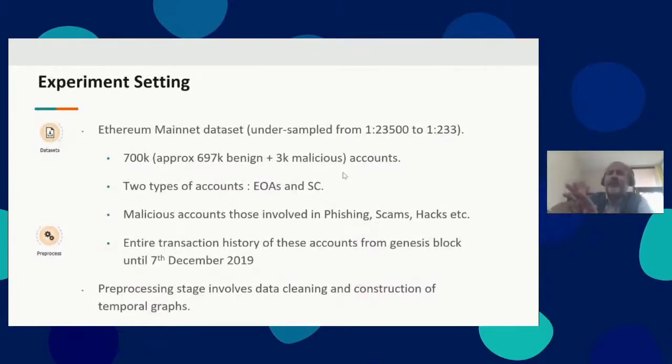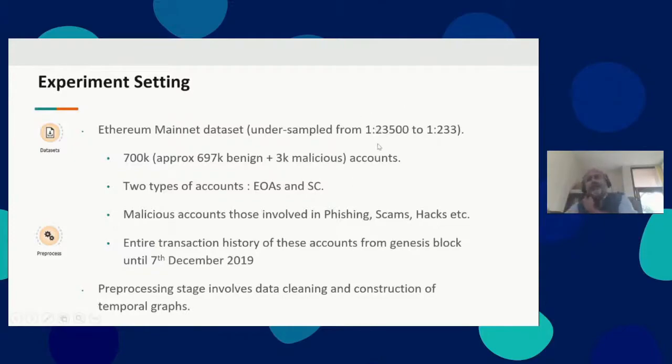Now, where did we collect the data from? We went to Ethereum mainnet, and looked at the number of accounts that have been marked malicious. I'm talking in the context of supervised learning. We found about 3,000 malicious accounts, whereas there are a huge number of non-malicious accounts. So we have to do undersampling.